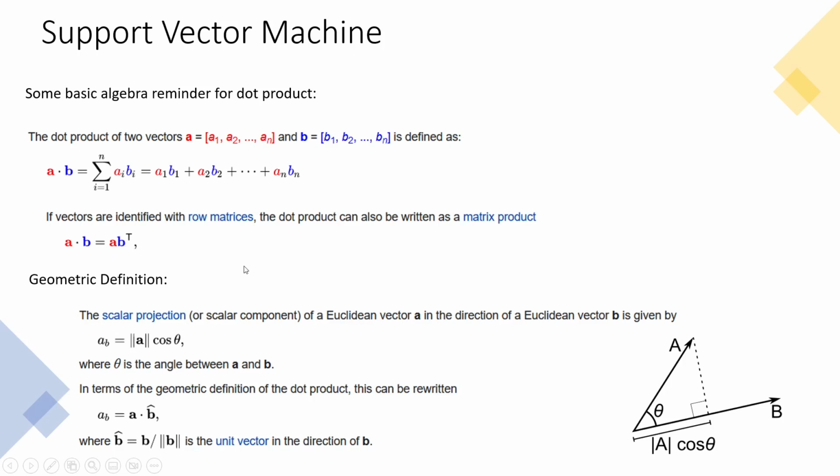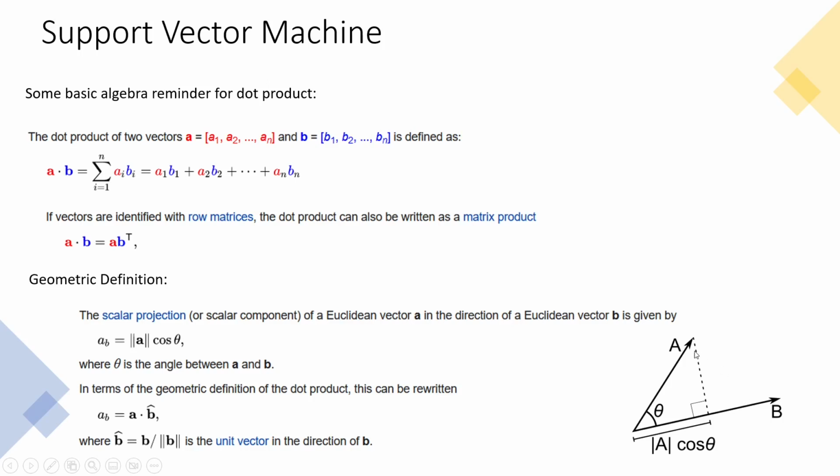And there is actually a geometric definition of dot products. That's why I'm showing you all these equations. If we have two vectors A and B, and we would like to find the length of the projection of A onto the vector B, that's the dot product of A and B, given that B is a unit vector.